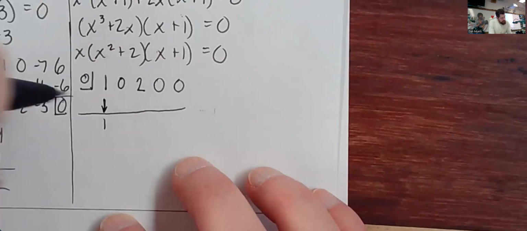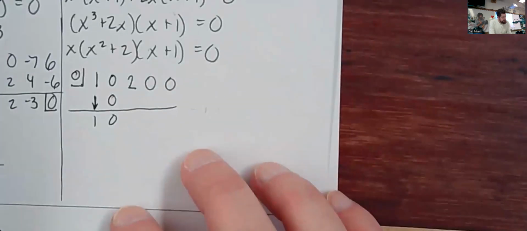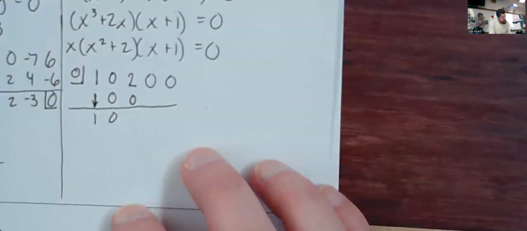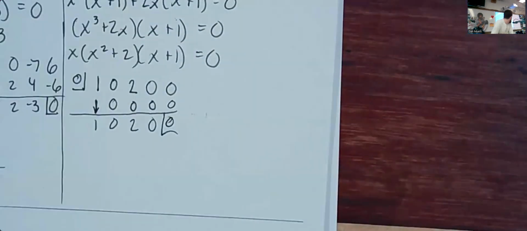Bring down the 1. 1 times 0 is 0. 0 plus 0 is 0. 0 times 0 is 0. 2 plus 0 is 2. 2 times 0 is 0. 0, 0, 0. A lot of zeros. So that means the origin should be a location of a point of intersection, the point 0, 0.